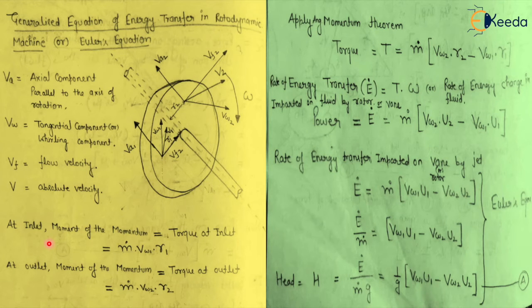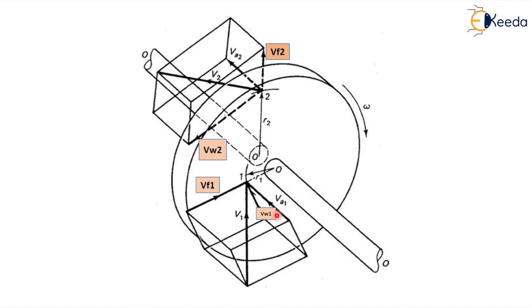Now what is the torque at the inlet? Torque at the inlet is force multiplied by perpendicular distance. Force is the mass flow rate into velocity. And which velocity is giving the torque? VW1 is giving the rotating effect to this rotor.